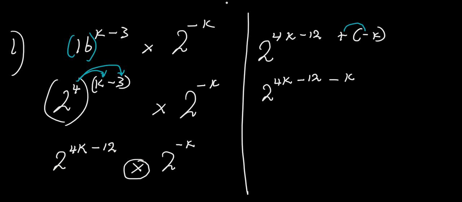So now at this point, we can combine like terms. So we have 4k minus k. So that's going to give us 3k. So finally, we're going to have 2 exponent 3k minus 12. So this is going to be our final answer to this question. I hope this makes some sense. All right, let's proceed to the next question.